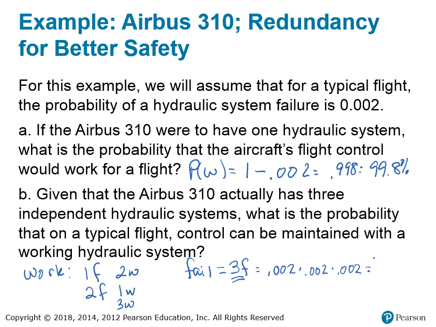Counting the decimal places, 1, 2, 3, 4, 5, 6, 7, 8, so it's 0.000000008. So that's the probability of them all failing. Well, we're actually looking for the probability that it's still going to stay in the air, so it's going to be 1 minus that.